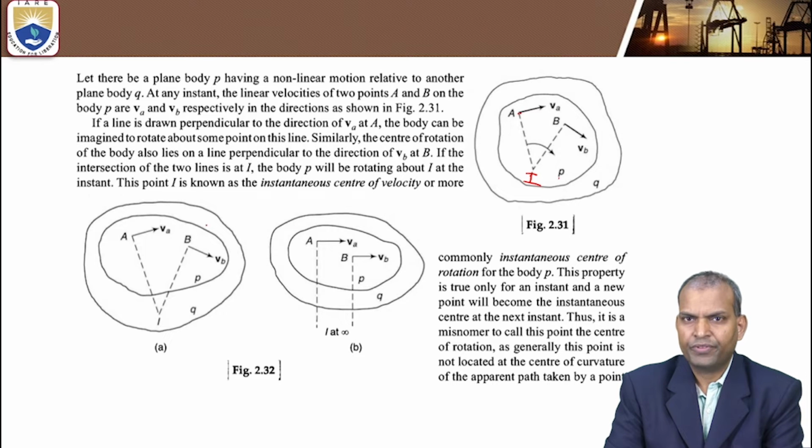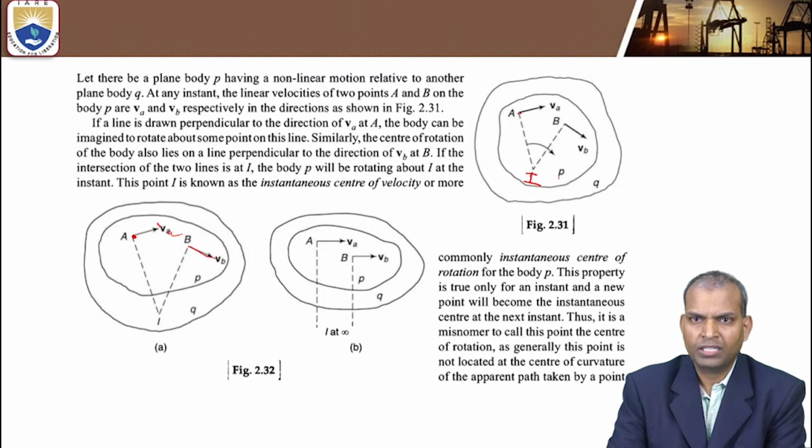If you see in figure A, point A has the direction of velocity VA in this direction, and point B also has the direction of velocity VB in a particular direction.